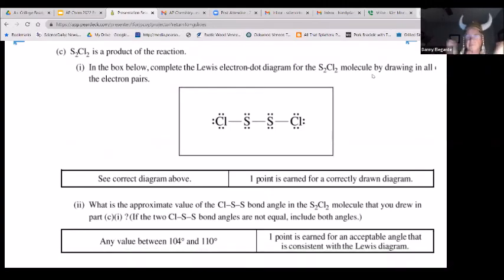It'll squeeze it a little bit. And if you have 2 lone pairs, then it would squeeze it a little bit more, so it's probably going to be more like 105 or 104.5. So as long as you put down something between 104 and 110, you earn that point. All right, so we're up to 8 so far. So this isn't bad.